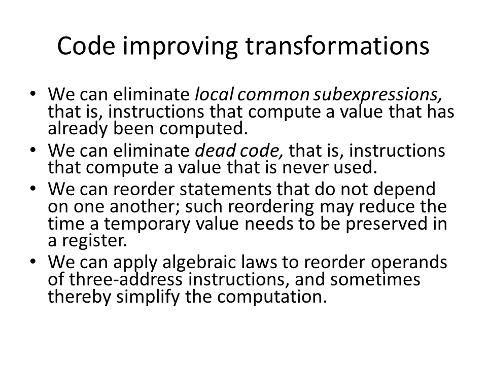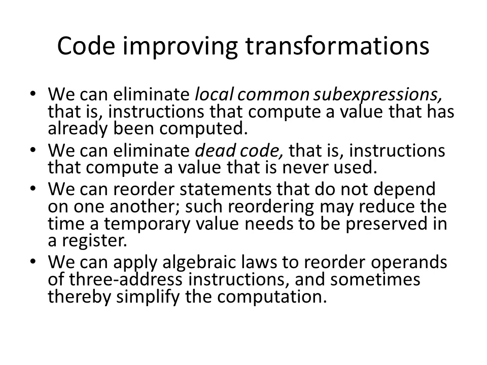Code improving transformations. So in order to improve the code, what should be done? Some transformations are to be done. What are they? We can eliminate local common sub-expressions, that is, instructions that compute a value that has already been computed. Second, we can eliminate dead code. If there is any dead code in the program, that can be eliminated.